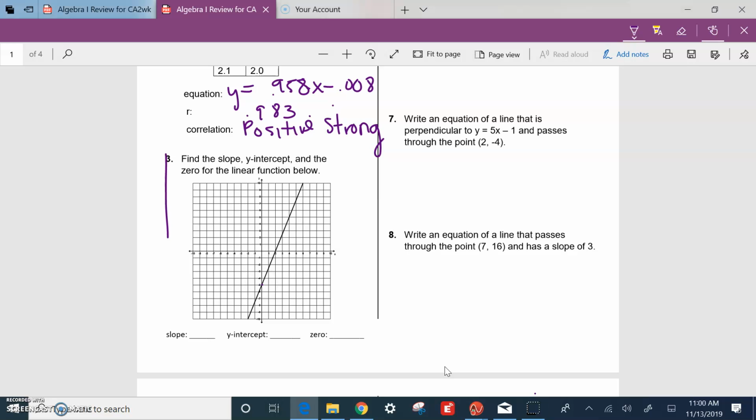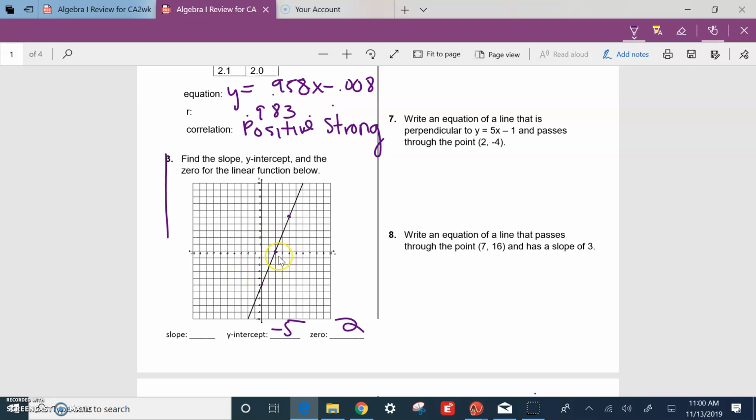We can start here at negative 5, and our next point there is at the x-intercept at 2. And then our next point is up here. We can already see that our y-intercept is negative 5. Our 0 is our x-intercept, so our 0 is 2.